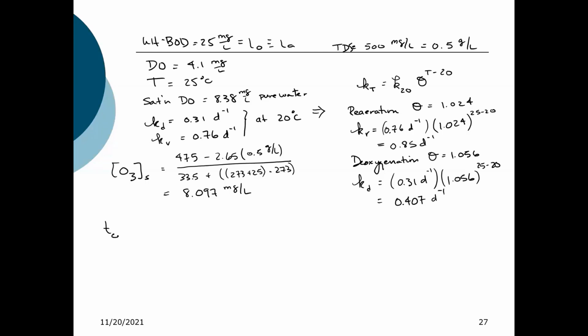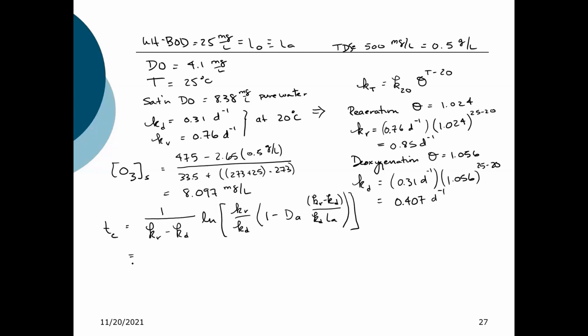So the critical time, which is what we were asked to determine, is equal to 1 over KR minus KD times ln of KR minus KD times 1 minus D sub A times KR minus KD divided by KD L sub A. And that is equal to 1 over 0.85 minus 0.407 times ln of 0.85 divided by 0.407 times 1 minus, now we need the deficit.